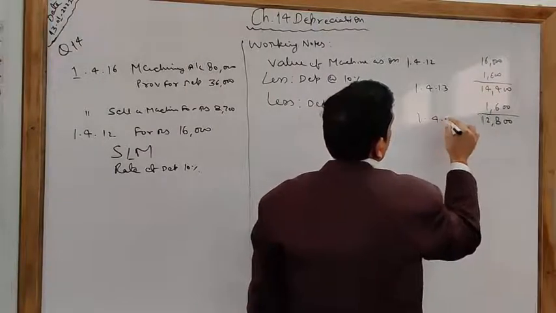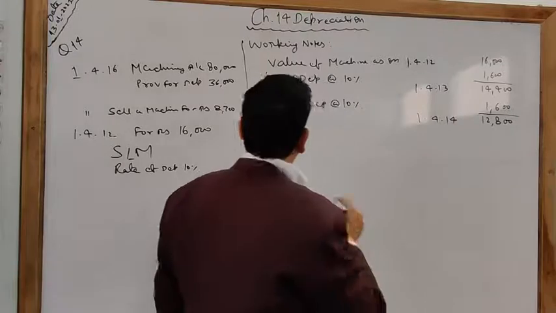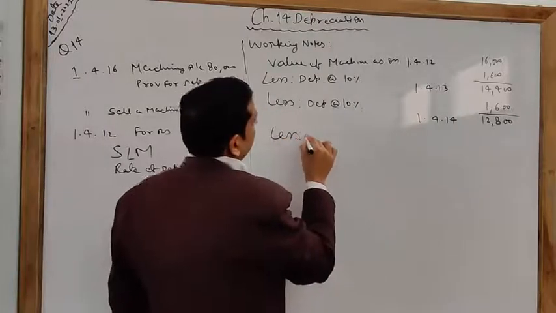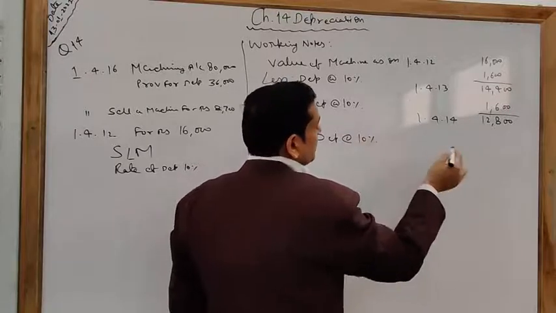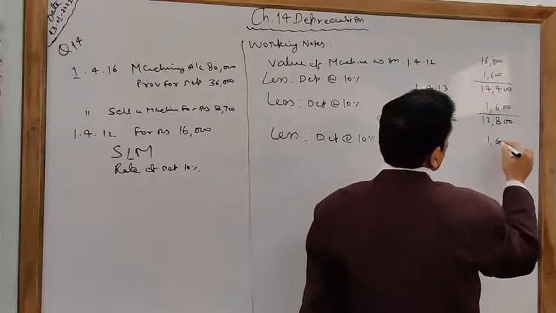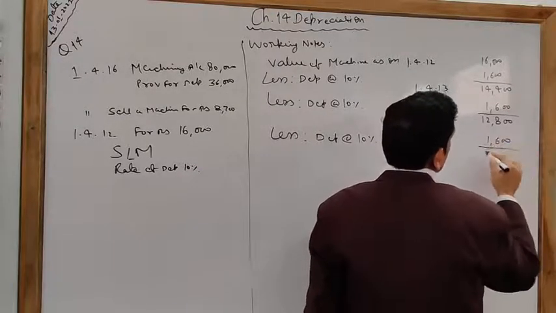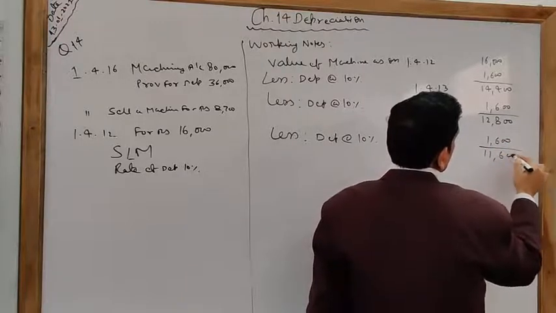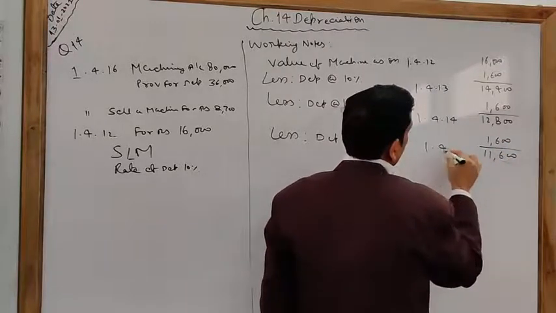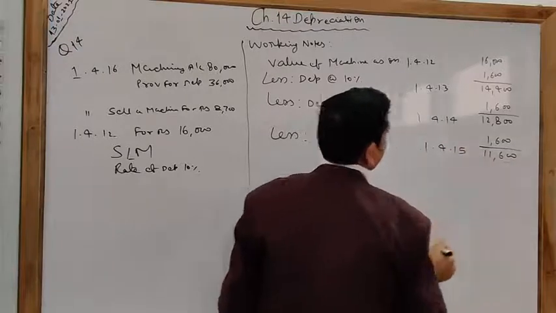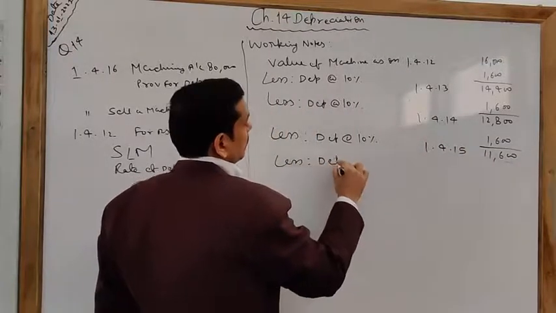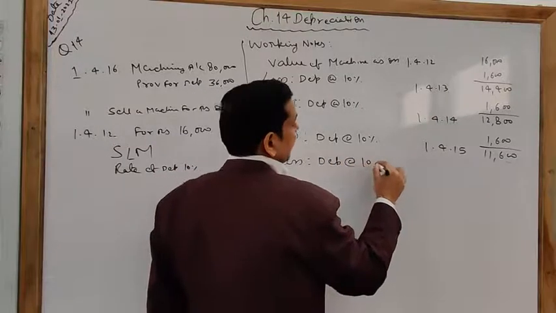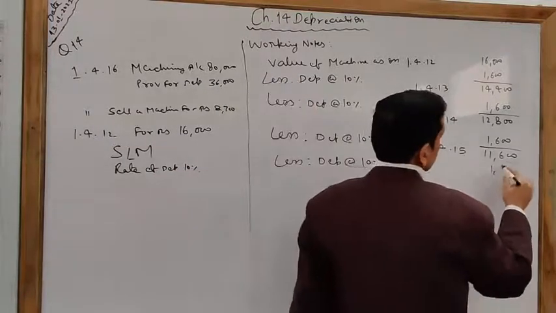Value of machine as on 1-4-14, less depreciation at 10% for this year, that is 11,200, and 1-4-15 is 9,600 after 1,600 depreciation.